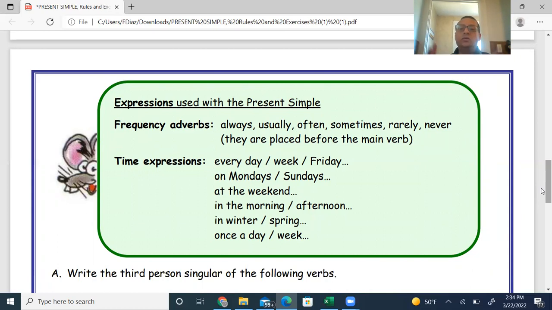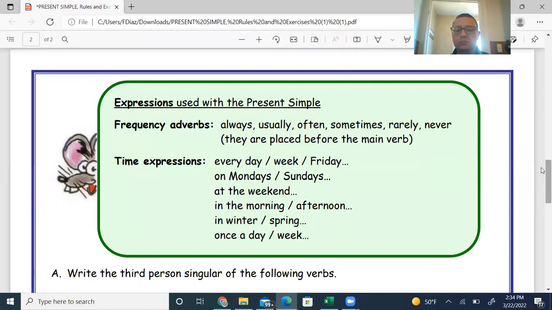Like, I always take a shower. I sometimes go to the gym. I never go to the movies. Do you understand? When you're putting it, you put it before the main verb. All right?